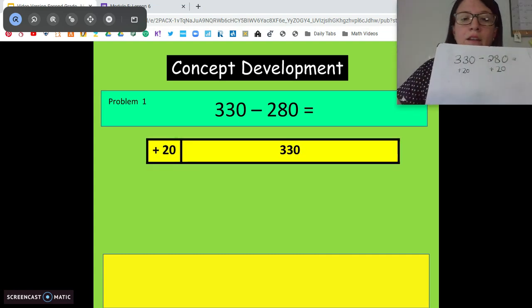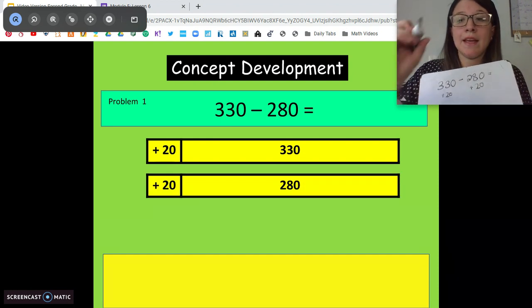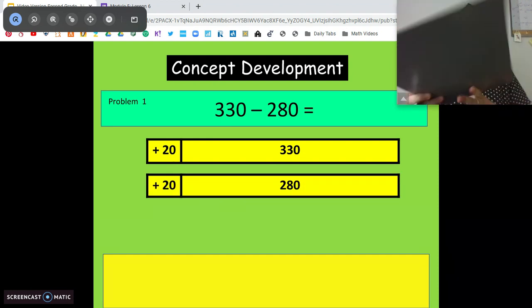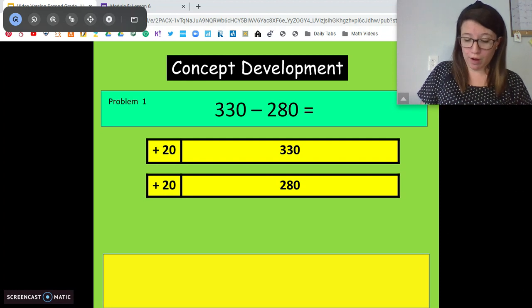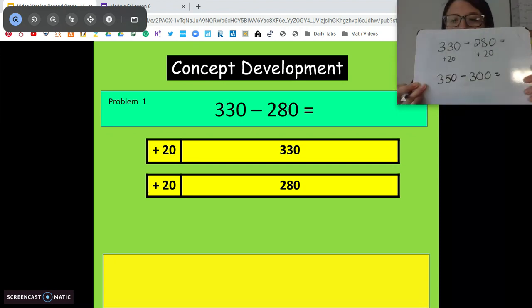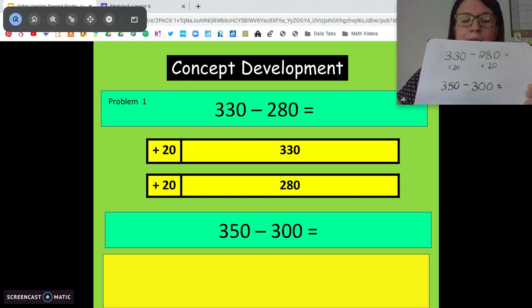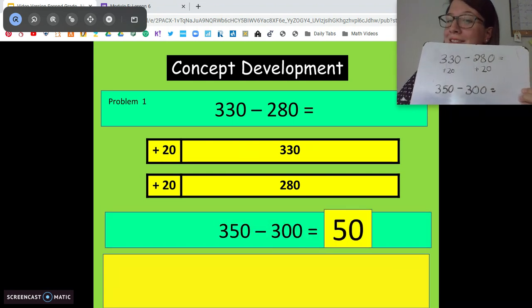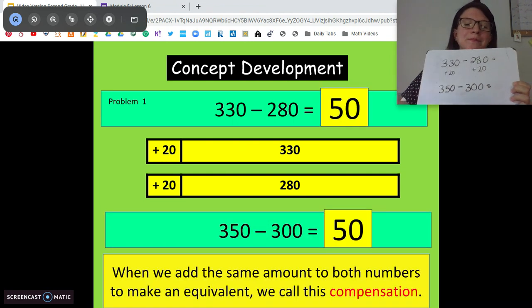We've got to add 20, right? So we're going to draw a tape diagram and add 20 to each. Now I want you to write the new problem on your board. Make sure you add 20 to each of the numbers. You should get 350 minus 300, which gives us easy peasy 50. Good job.